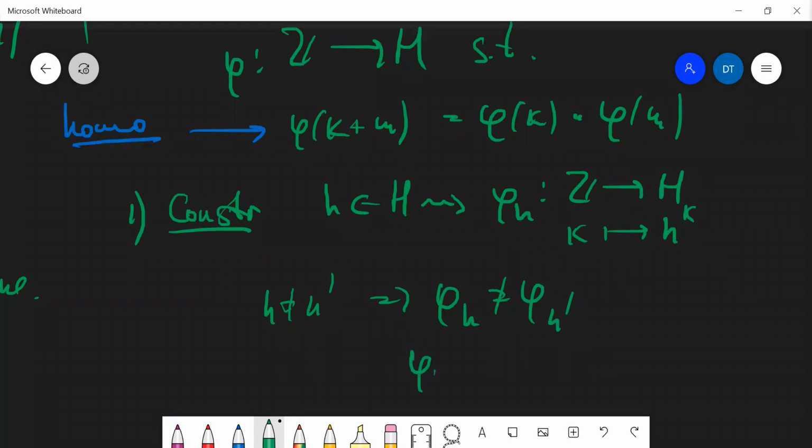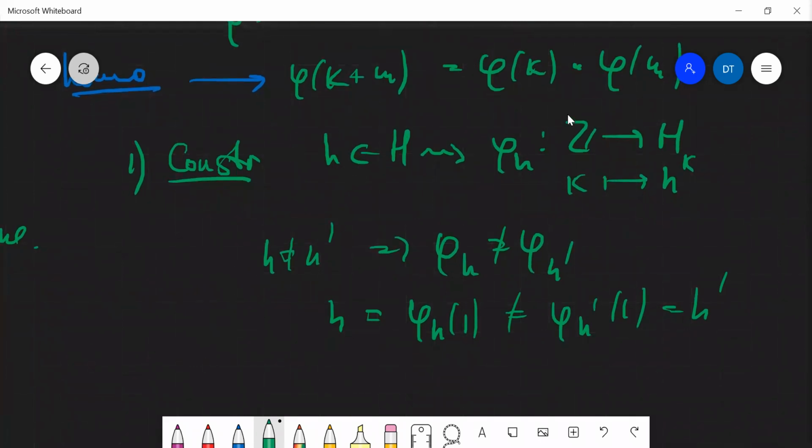For example, if you apply both homomorphisms to the element 1, then by definition this goes to h and this goes to h prime. If h and h prime are distinct, then these are also distinct. So this is the place where these two maps are different. So different elements give you different homomorphisms.